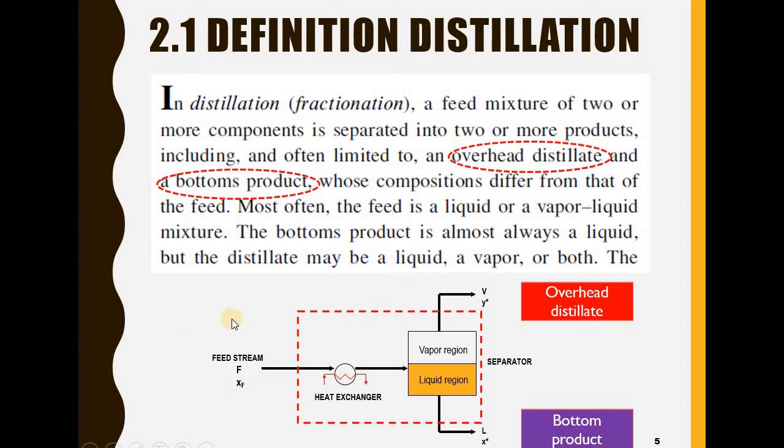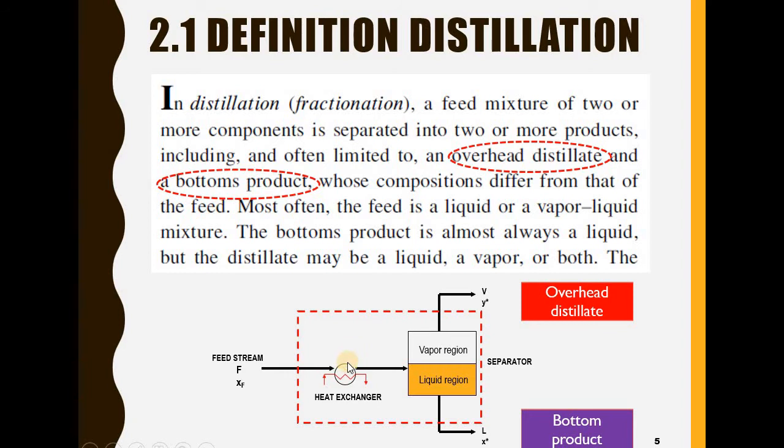First, the feed is in the form of a mixture. When we separate it by applying heat to the feed, the mixture will be separated into the overhead distillate and the bottom product. So the bottom and overhead both have different compositions from the feed.